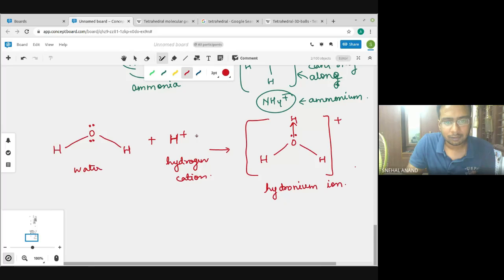So if suppose that negative one is chlorine, this whole will combine with this, forming a hydronium chloride. Correct. So at least in your syllabus, for now, we will be seeing that anion part in acids, bases and salts. First, you understand this cation is sticking with this water molecule through a coordinate bond to form hydronium ion. Correct.